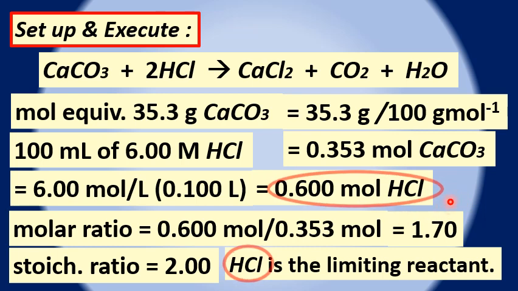So in just a short while, we will continue determining the number of moles of carbon dioxide gas that is produced in this reaction, and eventually determine the volume in liters of that amount of carbon dioxide gas.